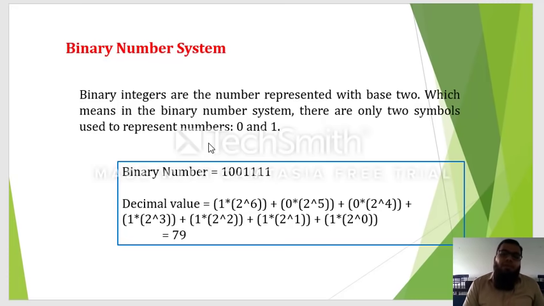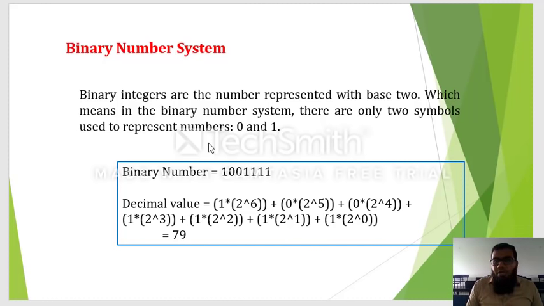In the binary number system we use only two symbols, 0 and 1. 0 represents the off state, 1 represents the on state. You can see a small example here, the binary number 1001111. If you convert that into a decimal number, you will get some value. 1001111 is a binary number, which is only understandable by the machine.